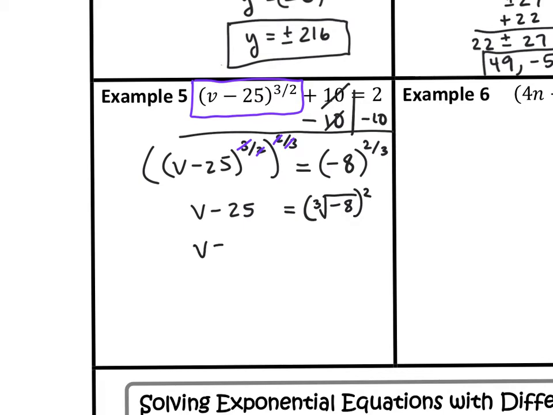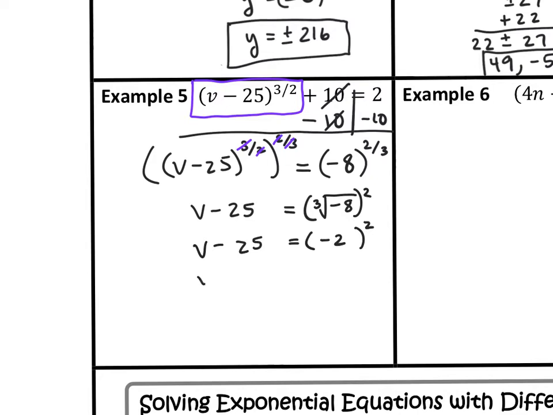Okay, so I'm going to copy the left side. And what is the cube root of negative 8? What number raised to the power of 3 will give me negative 8? That number is negative 2. So the cube root of negative 8 is negative 2. Copy the square.